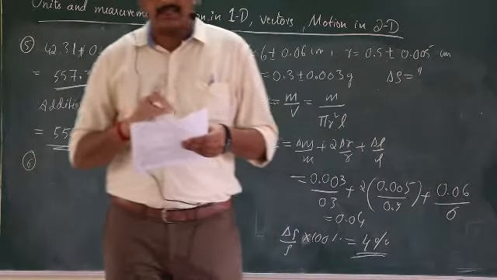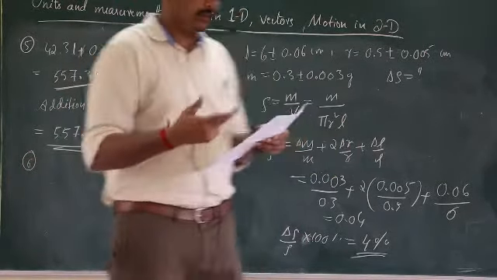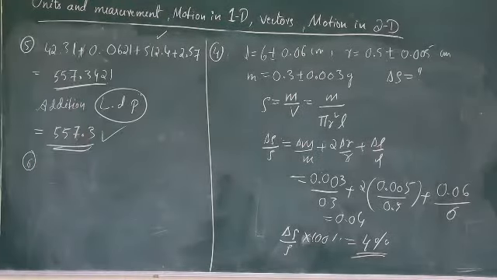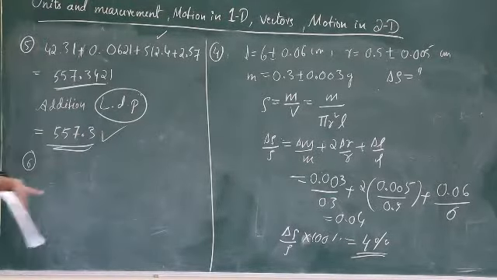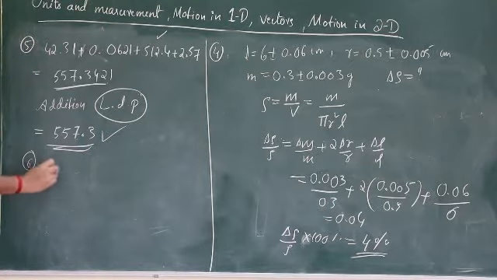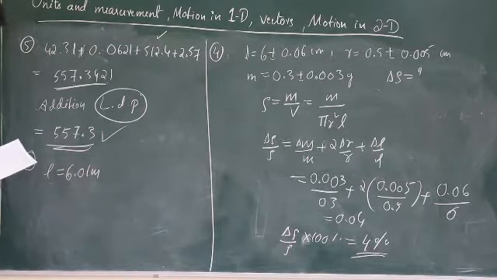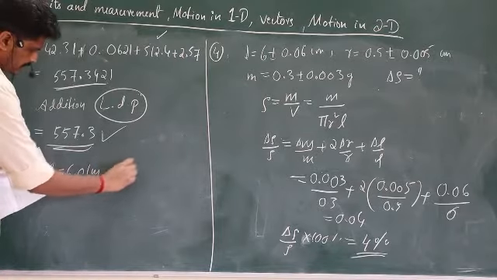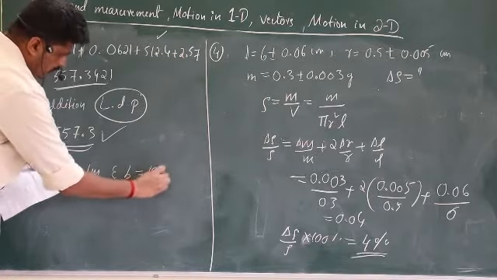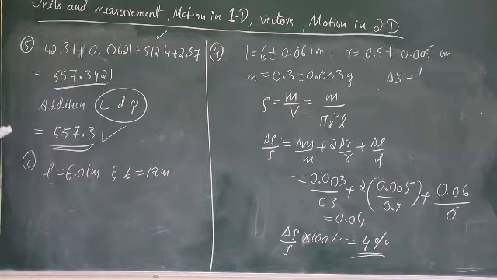Side of a rectangle. So length and breadth is mentioned here. I will do it here itself. Length is given, let us take L equal to 6.01 meter, and breadth is given 12 meter. Taking significant figures into account, the area of the rectangle is, we know area equal to length into breadth, right?